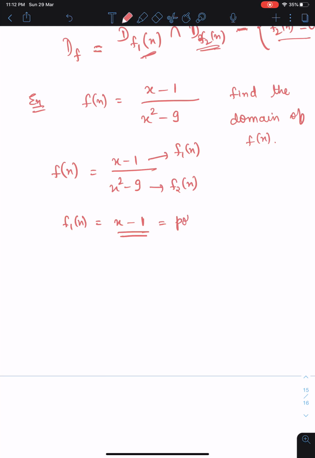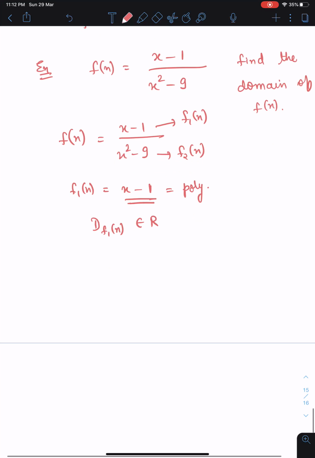Again, this is a polynomial function. If it is a polynomial function, then the domain of f1(x) will be real numbers. In the same way, f2(x) is also a polynomial function. So the domain of f2(x) will be R again.